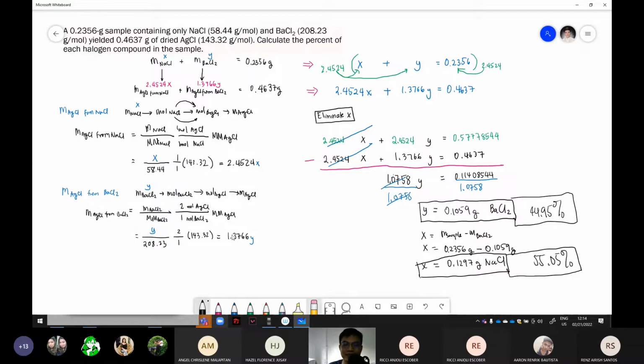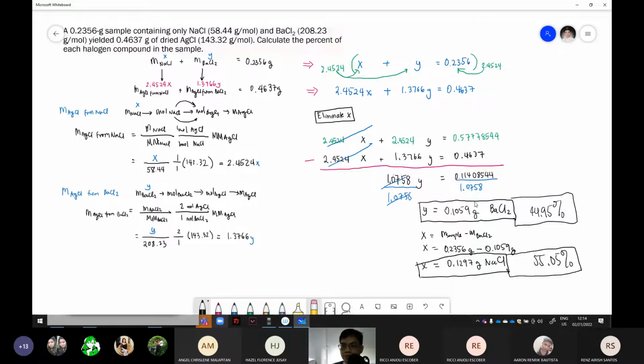Mag-stoic lang kayo sa una. Kunwari, kailangan ng solution, edi ipakita nyo lang yung stoic. Then, itong algebra, kahit yung calcu na bahala. Sabihin nyo na lang kung kinalculator nyo. Okay? Sulat sa papel nyo. Lagay nyo, using calculator. Tapos pakita nyo yung x and y value na lang. Okay?